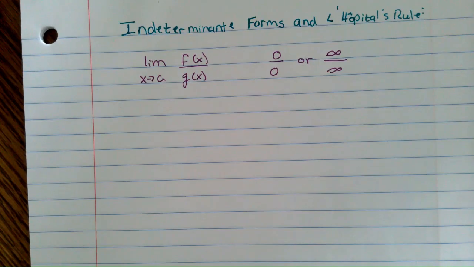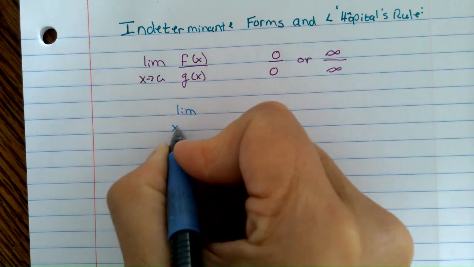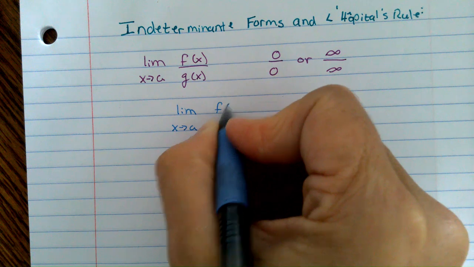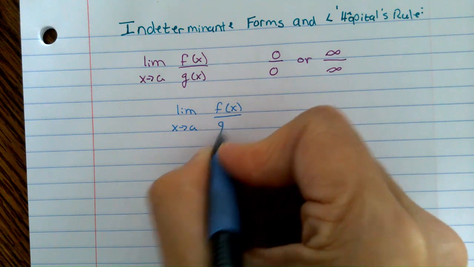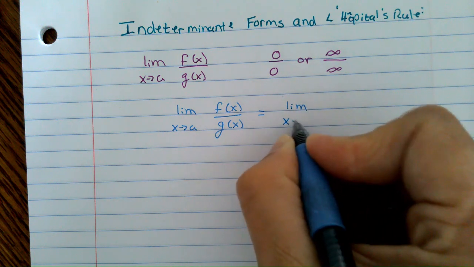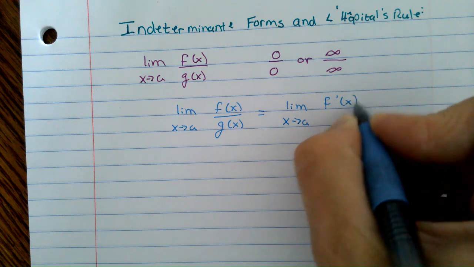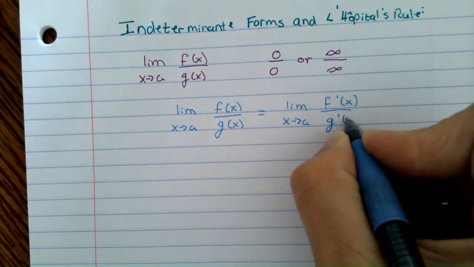So the rule, L'Hopital says, hey, instead of doing that, since you get an indeterminate form, what you can do instead to get that limit is you can instead do the limit as x approaches a of the derivative over the derivative.